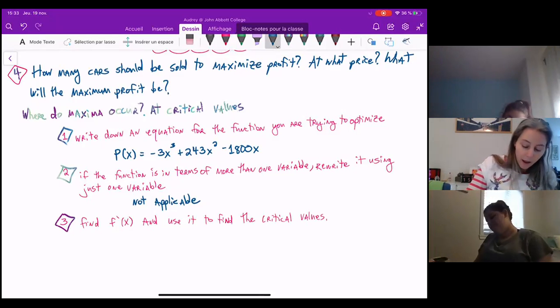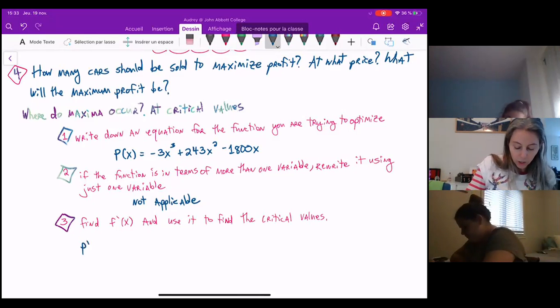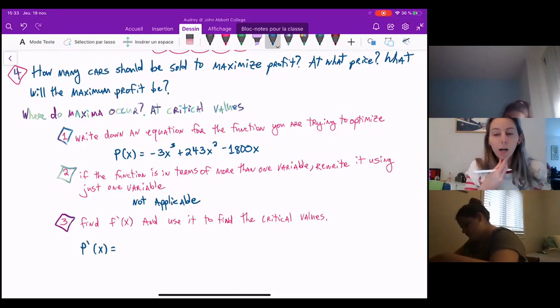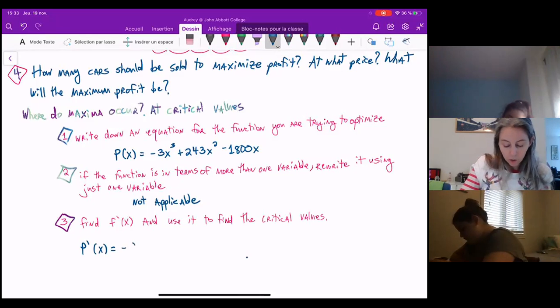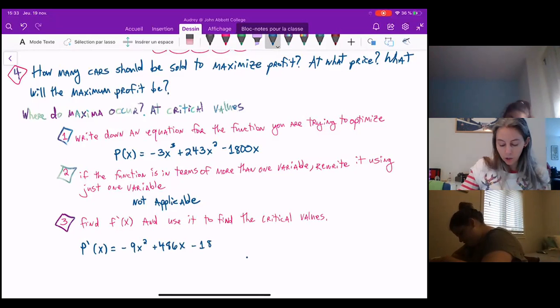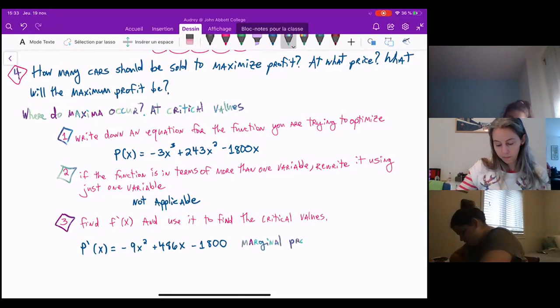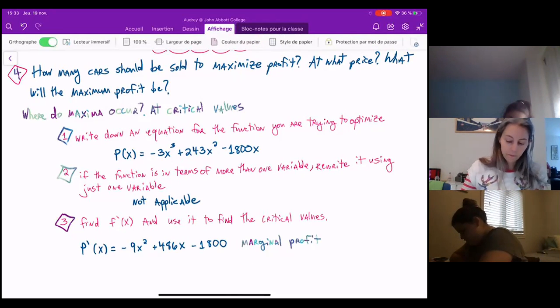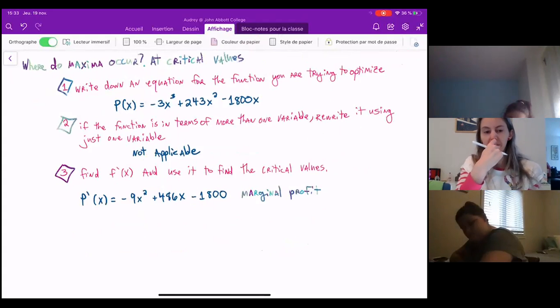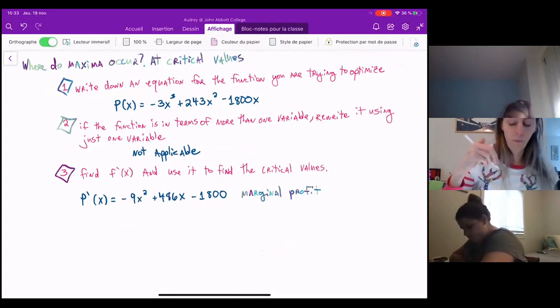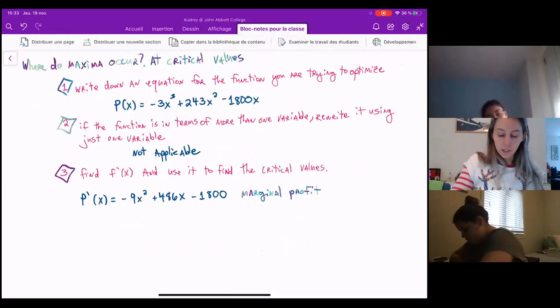Here, my profit function is what I want the derivative of. So I'm trying to find marginal profit. I already did that. I have negative 9x squared plus 486x minus 1800. That's my marginal profit function. So I'm going to set P prime equal to 0.